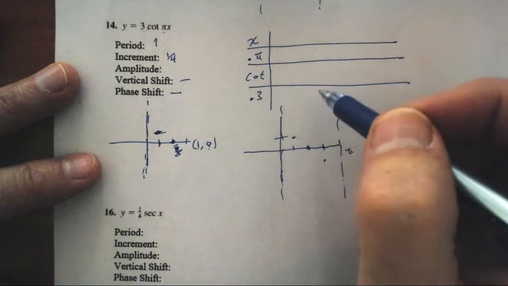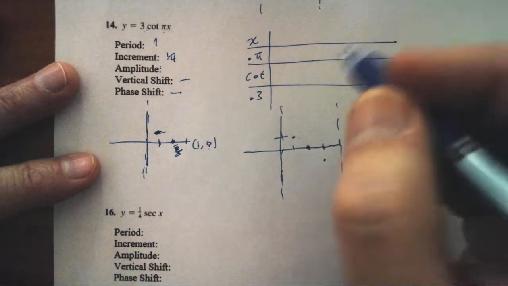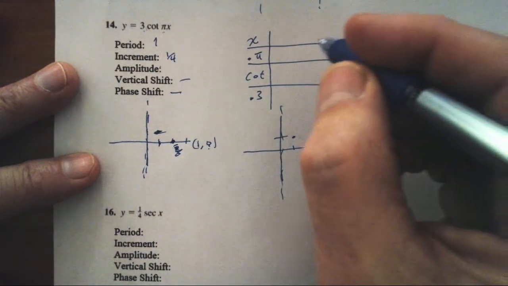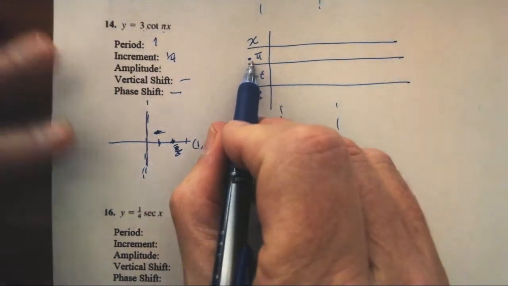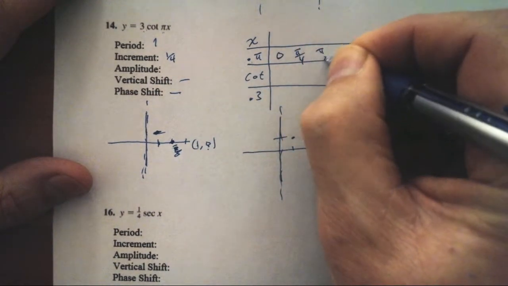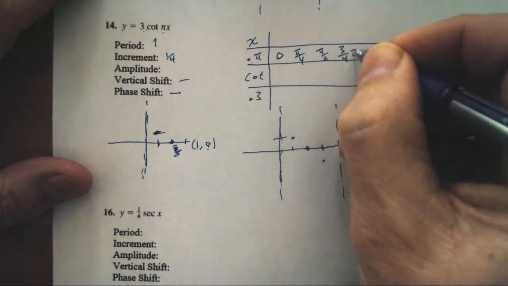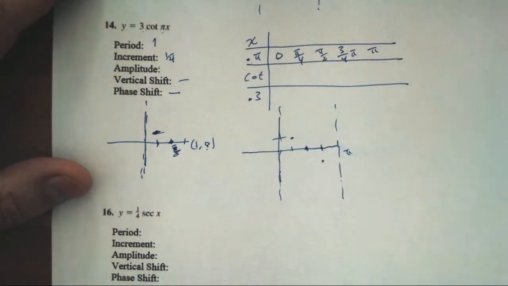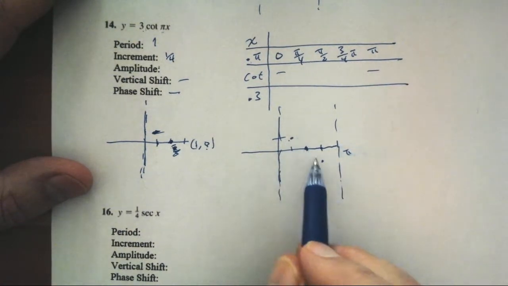Okay, so our defining values, the values after we multiply by pi, is what I'm trying to get at, should be 0, pi on 4, pi on 2, 3/4 pi, and pi, where cotangent goes between asymptotes from 1 to 0 to -1.